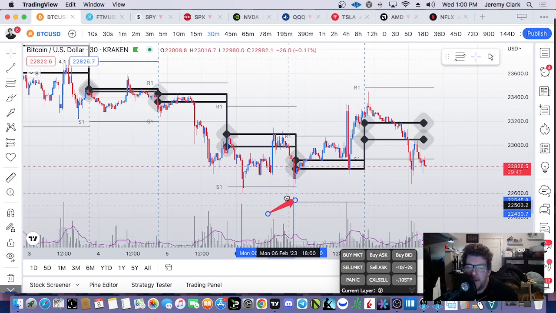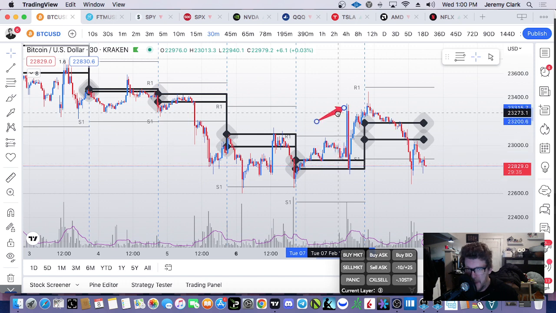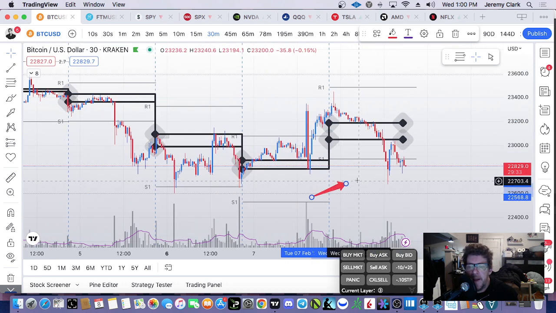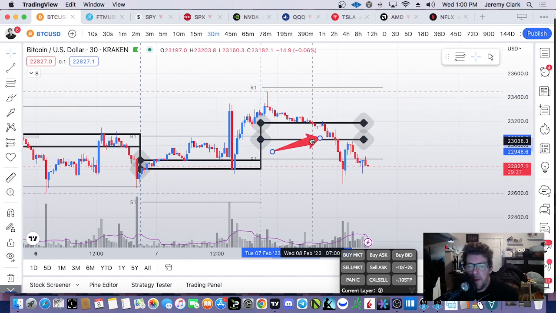We never tested S1, and price moved above the central floor pivot, and then it went up to R1. So we could have played CFP to R1 and even further. Then today happens, and we miss hitting R1, break below the central floor pivot, and there's my entry, CFP to S1, and then we'll see what happens down here.